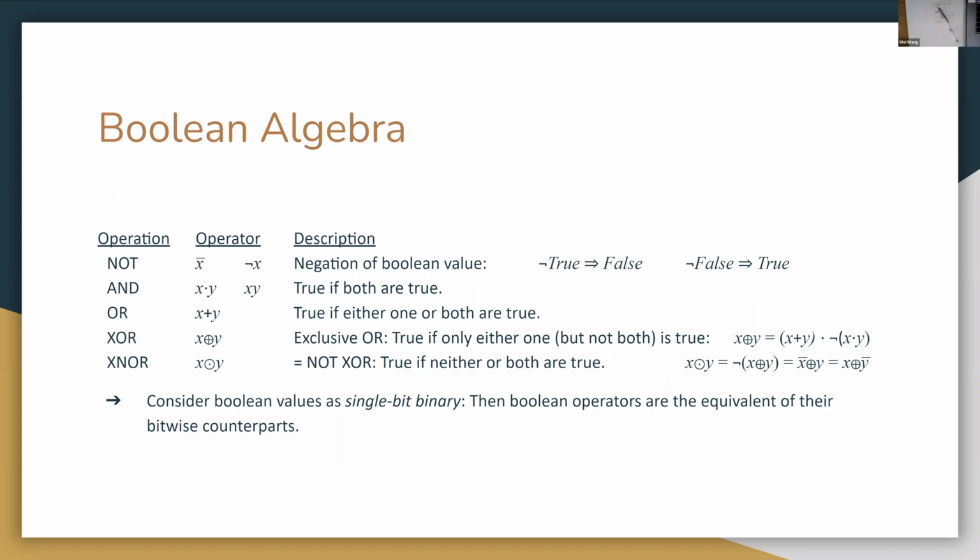A lot of times in languages, we use a non-zero value to represent true, or we can say we use 1 to represent true if we're dealing with binary values, and 0 means false. OR is true if either one or both are true.